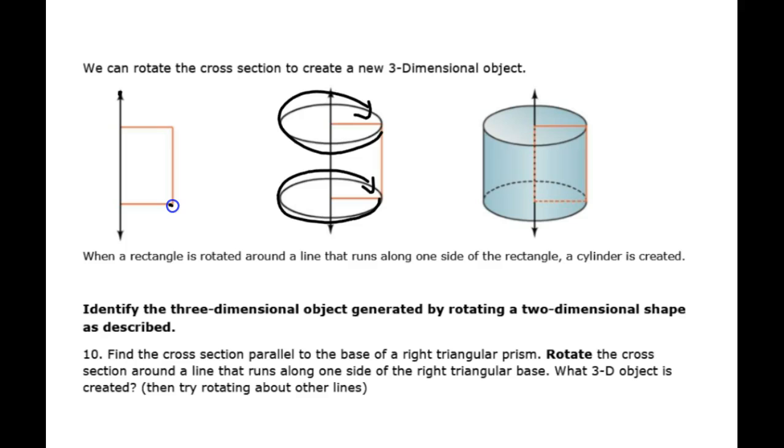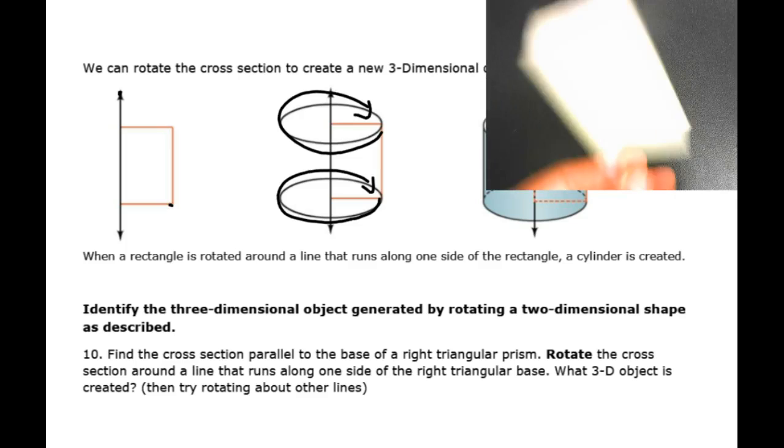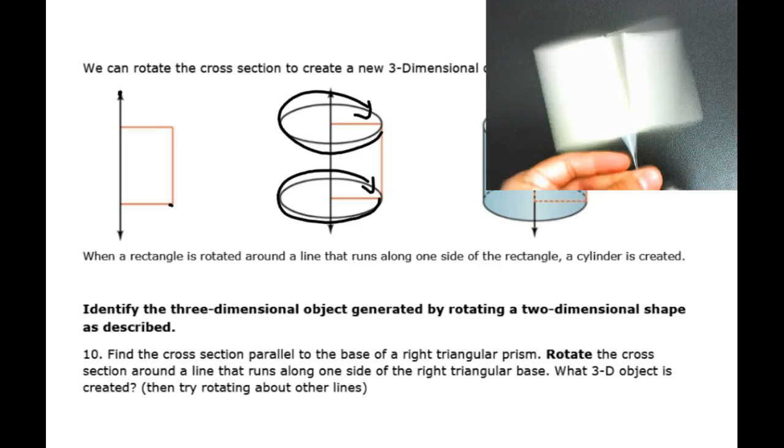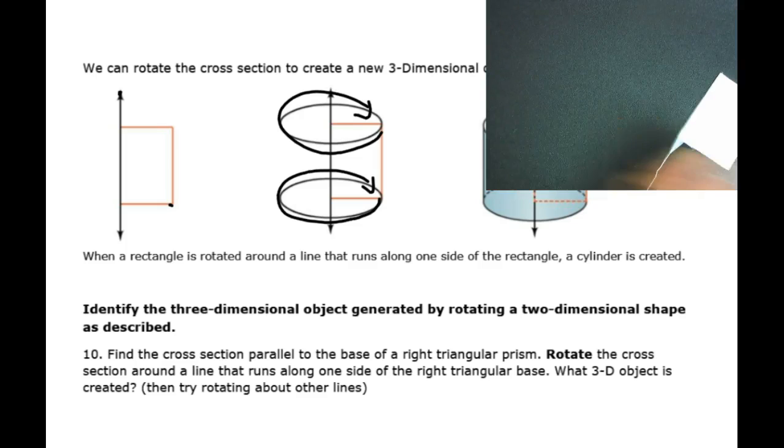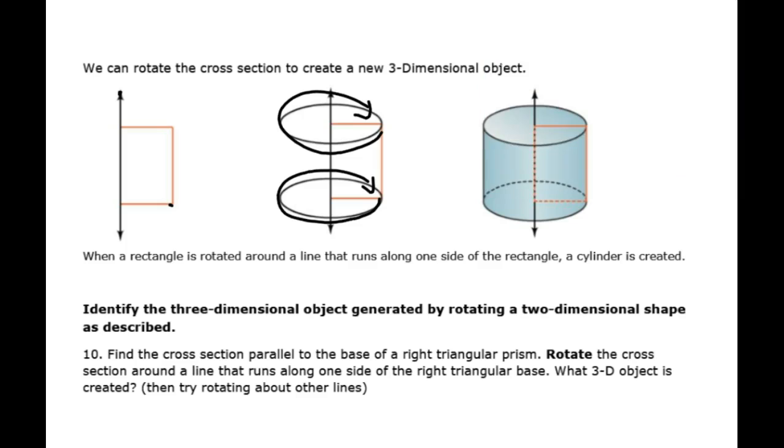And if you spin it fast enough, like this, see how fast it's going? To where it's such a blur, it would look something like this, where it's got a circle on the bottom and the top. What's that called again? A cylinder. So, it's typed out here.